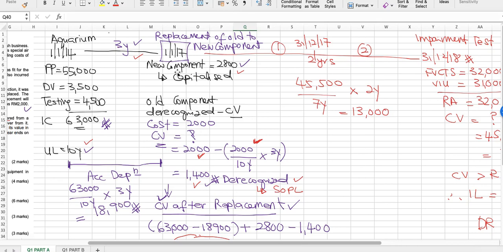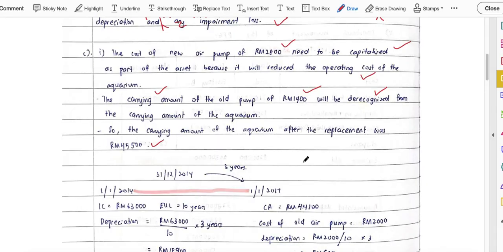So the question asks what the treatment for this transaction is. Therefore, the answer is the cost of the new air pump of 2,800, or if you write the cost of the new component, it is still acceptable. You have to mention the figure.